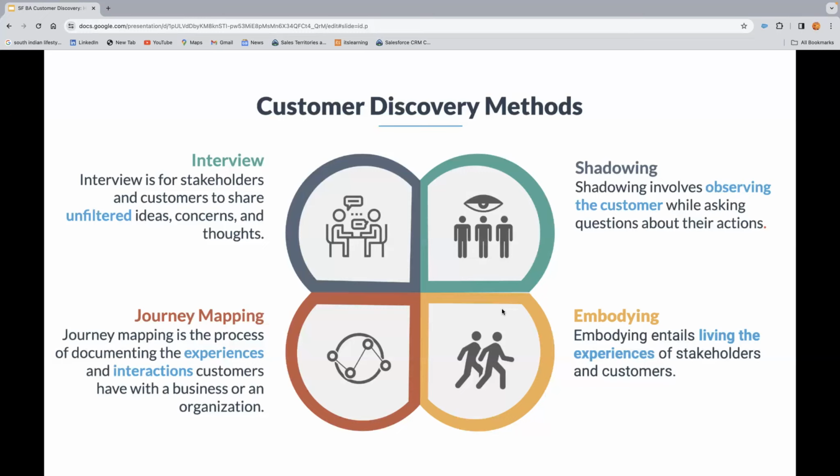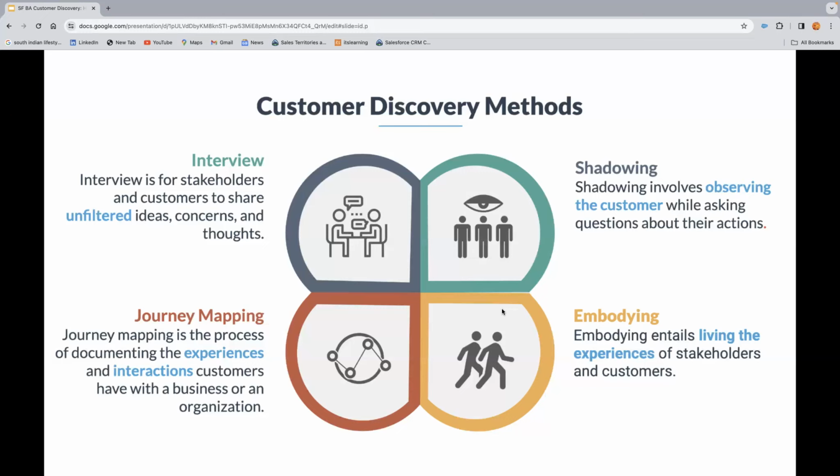The customer discovery methods in this module: the first one is interview. The interview is for stakeholders and customers to share unfiltered ideas, concerns, and thoughts. Next, journey mapping.